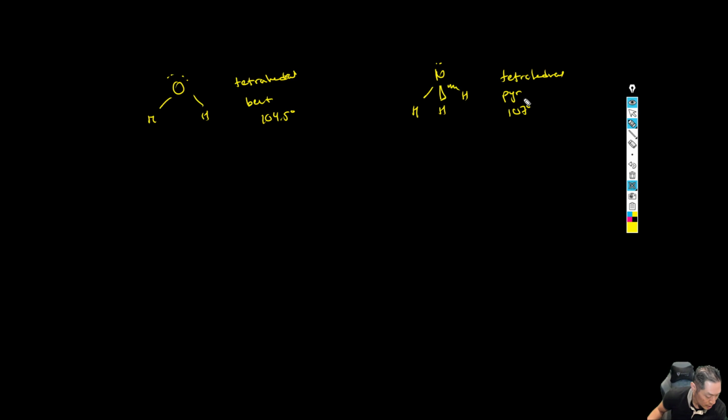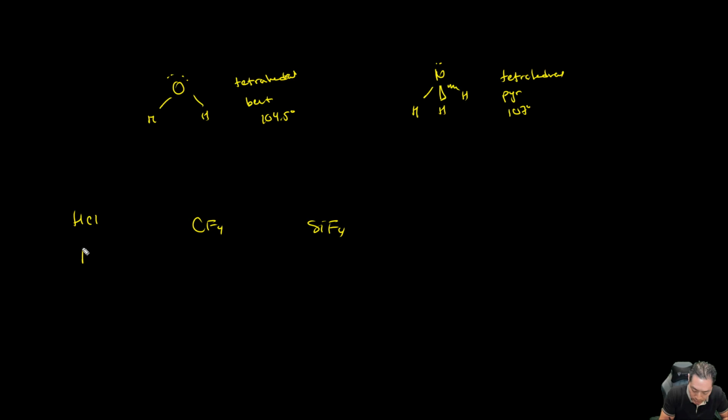Let me make sure I get this one. Let's see. And the last one, HCl, CF4, SiF4. So let's see, this one is going to be linear. This one is going to be tetrahedral.